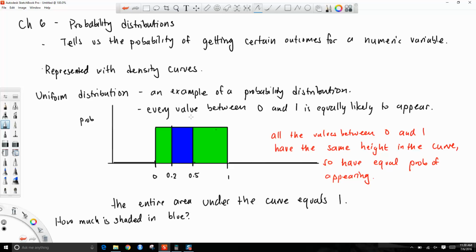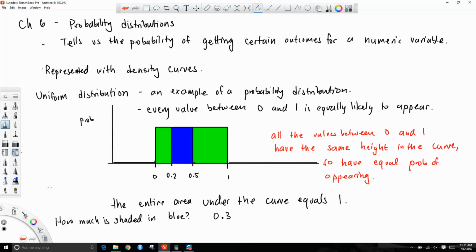Okay, the entire area between 0 and 1, that entire area is 1. So how much do I have shaded in blue if I'm drawing vertical lines at 0.2 and 0.5? 0.3, right? Okay. So the answer here is 0.3.